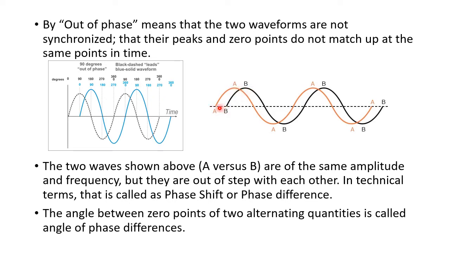At different instants they start at the zero value. In the same way they reach the minimum value at different instants. That's why the difference between these two instants we call phase shift. This is what we call phase shift or phase difference.